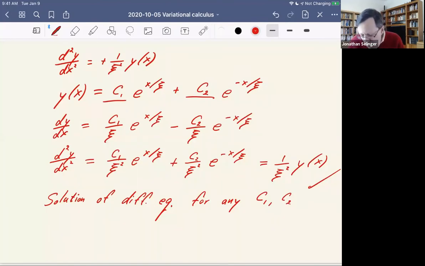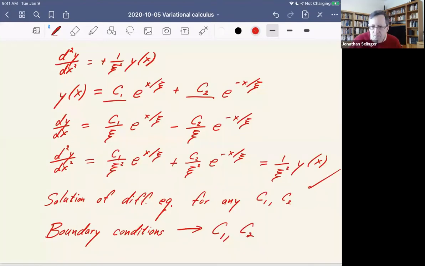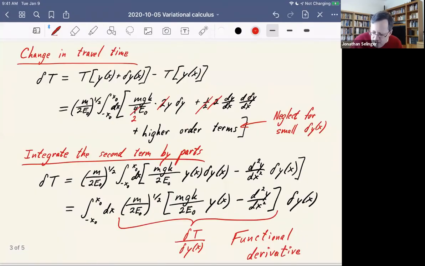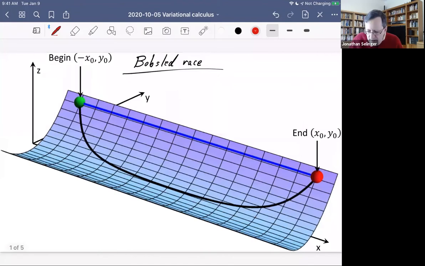So then we say, well, how can we determine the coefficients? And the answer is from boundary conditions, right? It's not enough to solve the differential equation. We must also include the boundary conditions in order to get C1 and C2. So let's go back to the original problem to remember what the boundary conditions are. So here is my picture.